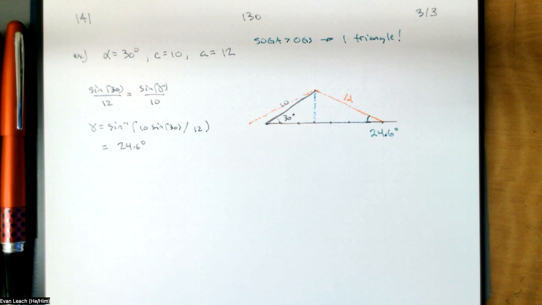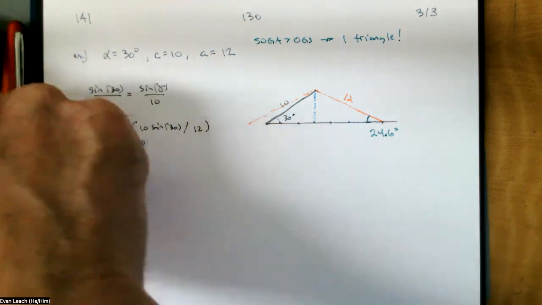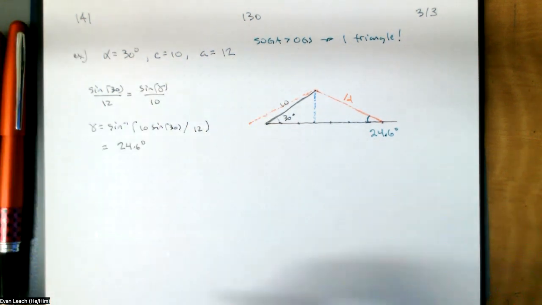Now, in this case, there are two angles that will fit that are less than 180. We have the quadrant 1 angle and the quadrant 2 angle. Let's suppose that we forget that there's only going to be one triangle.